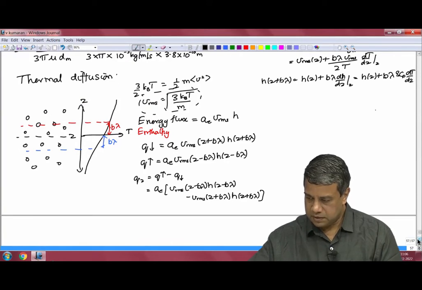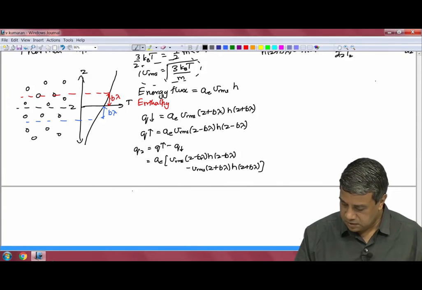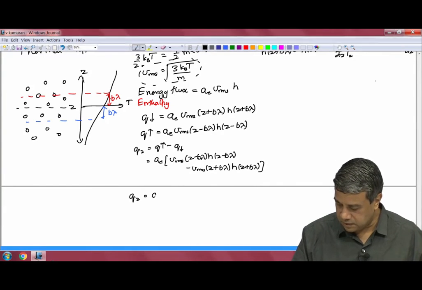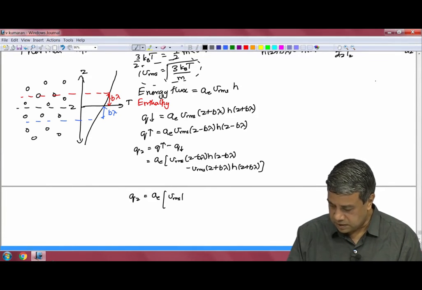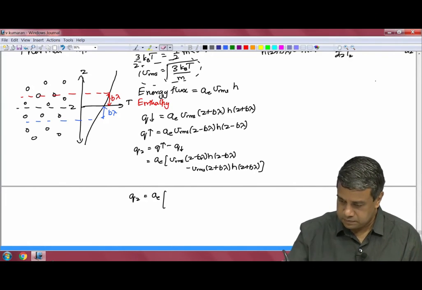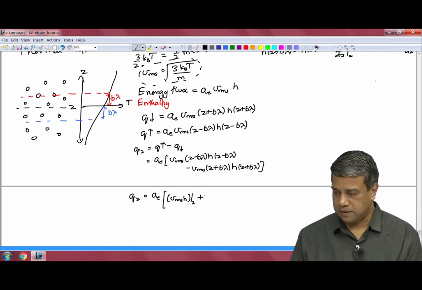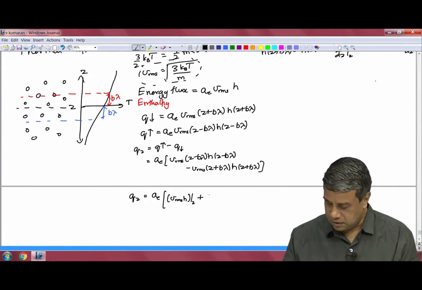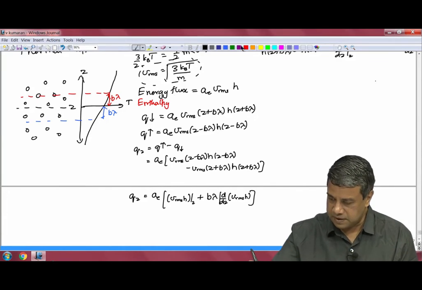So, these expressions can now be substituted. So, therefore, Qz is equal to A into Vrms at z times H at z, plus b lambda into d by dz of Vrms H. I am sorry, the first term has a negative sign in it.